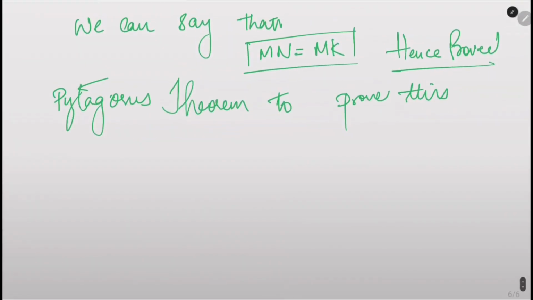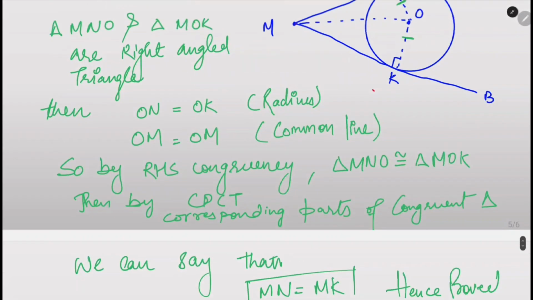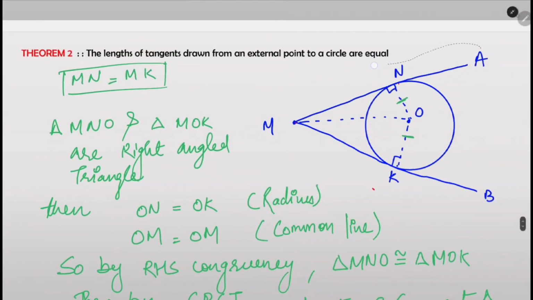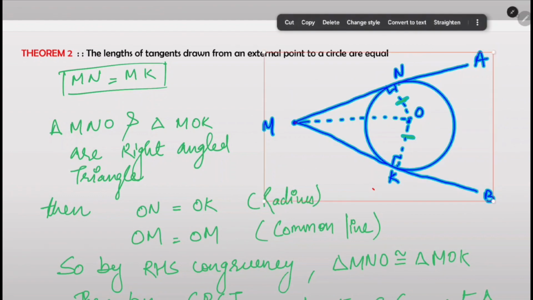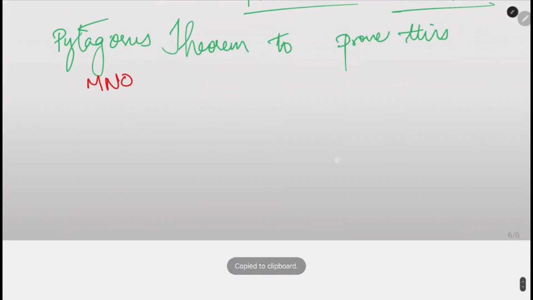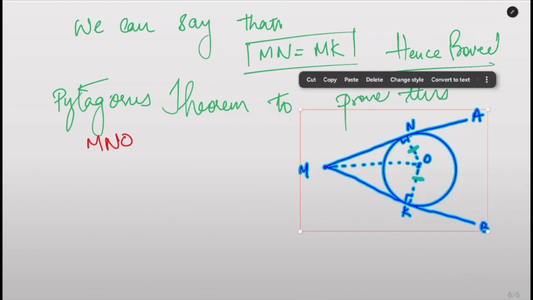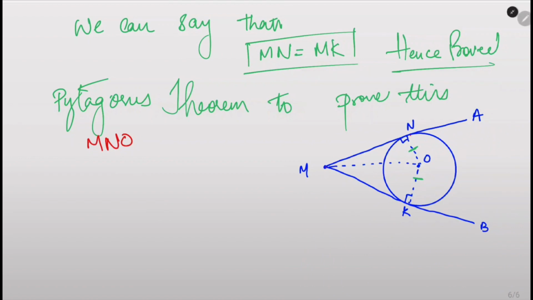So if I apply Pythagoras theorem in triangle MNO, this is 90 degrees, so this is going to be the hypotenuse.